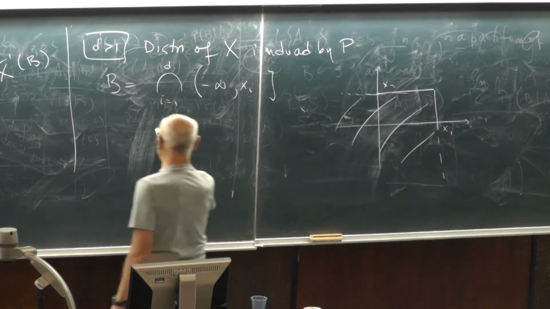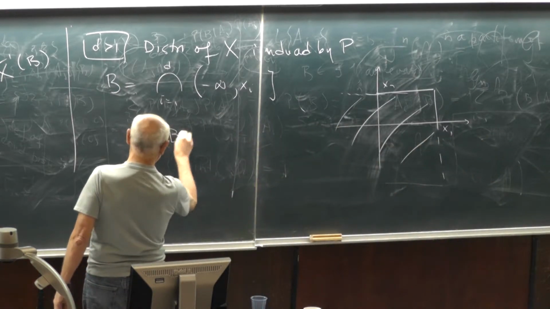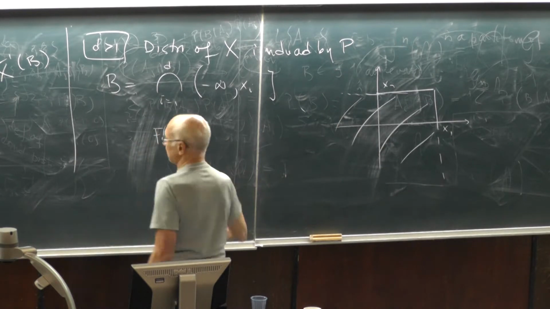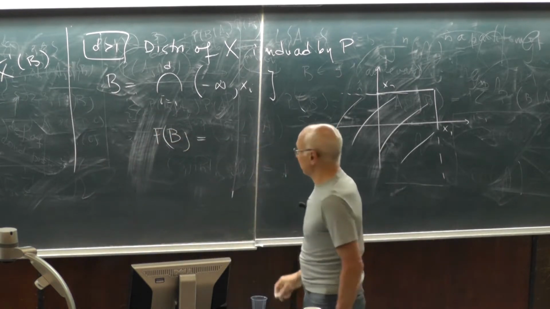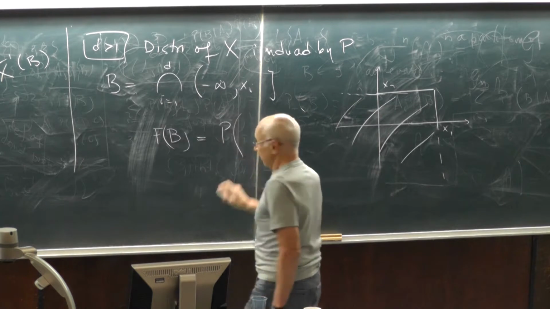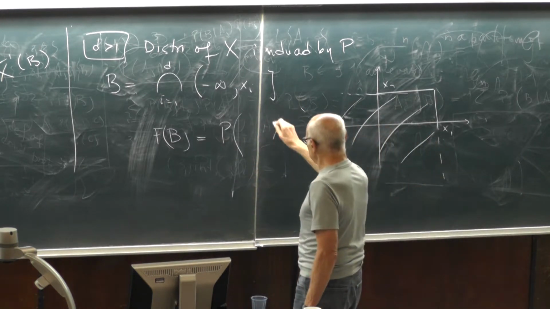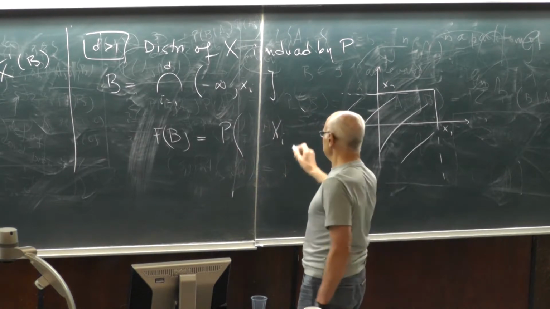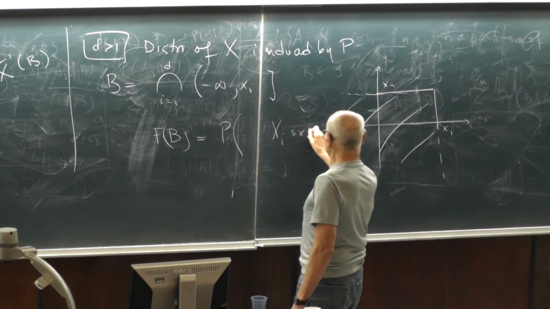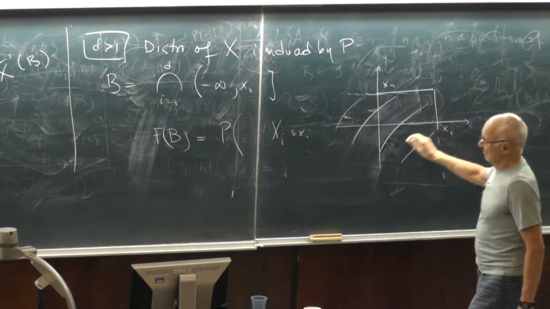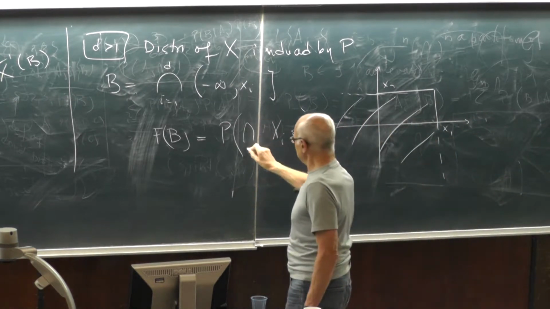And then the distribution is again the same type of formula. I think I can simply write it in this form: the coordinate X_i is smaller than the little x_i, and this is true for all the coordinates.